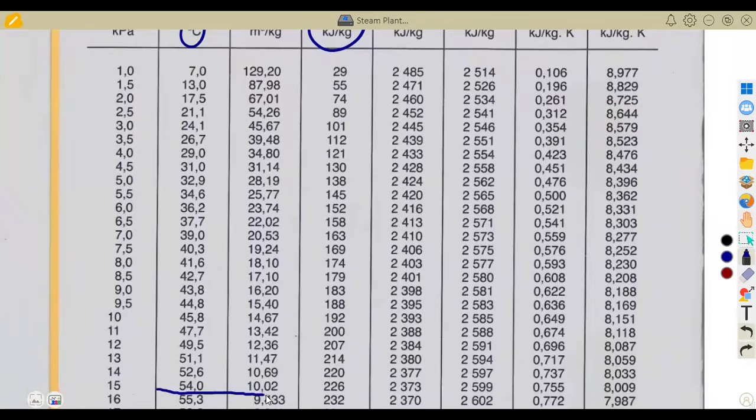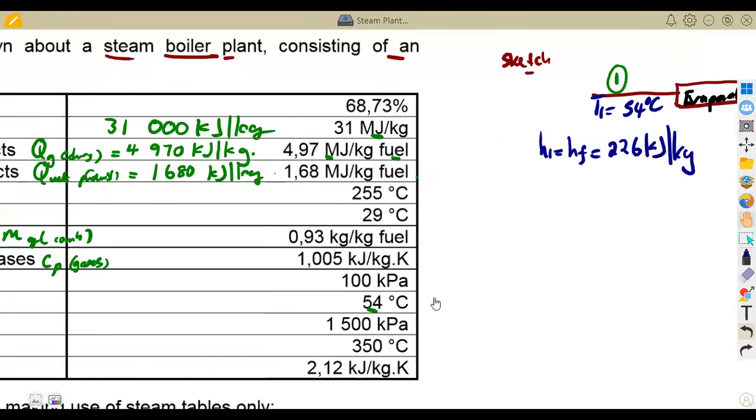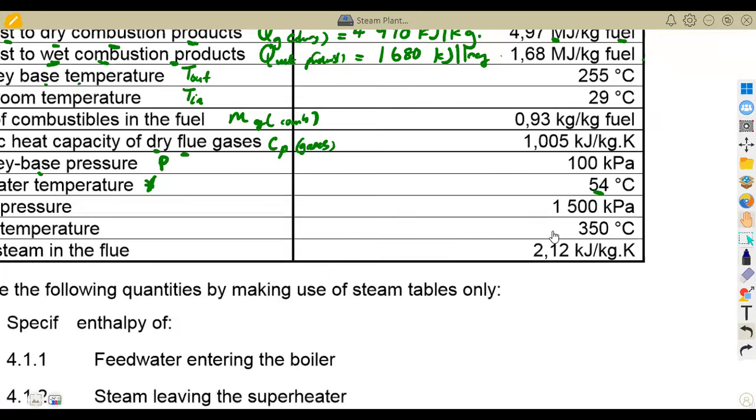Under the 54, as we go straight, you're going to need this one, which corresponds to the Hf on top. So this is 226 kilojoules per kilogram. So this Hf is 226 kilojoules per kilogram. I think I talked about this and how it is important for you to list this.